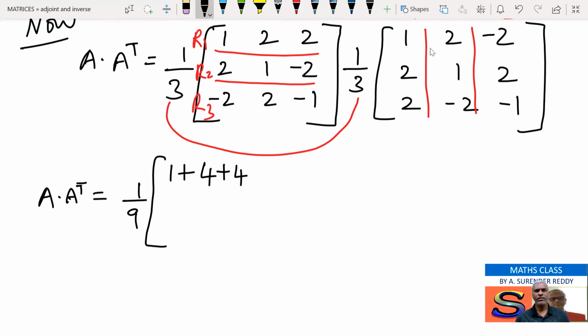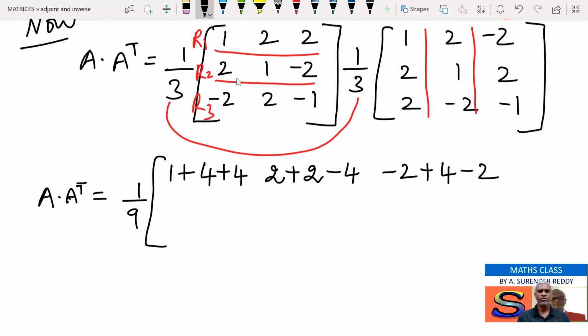Next, R1 into C2, second column. 1 into 2, 2, 2 into 1, 2, 2 into minus 2, minus 4. R1 into C3, 1 into minus 2, 2 into 2, 2 into minus 1, minus 2.